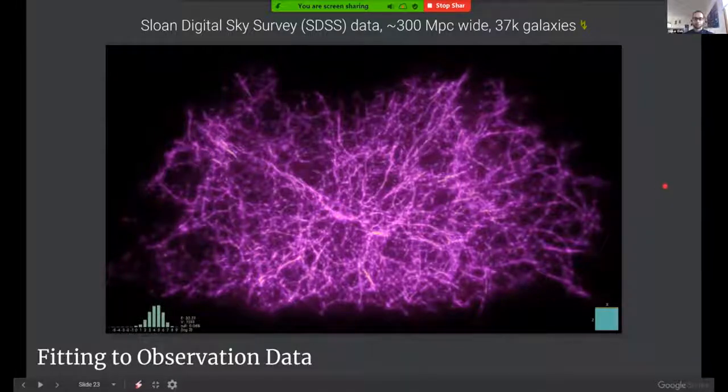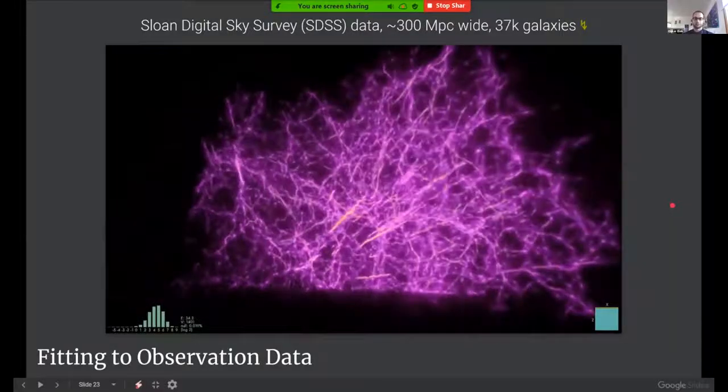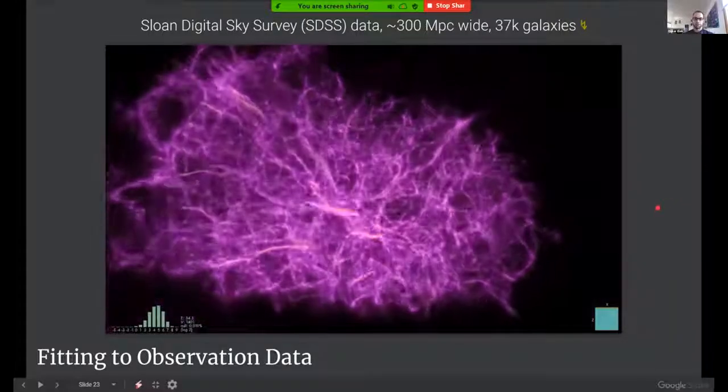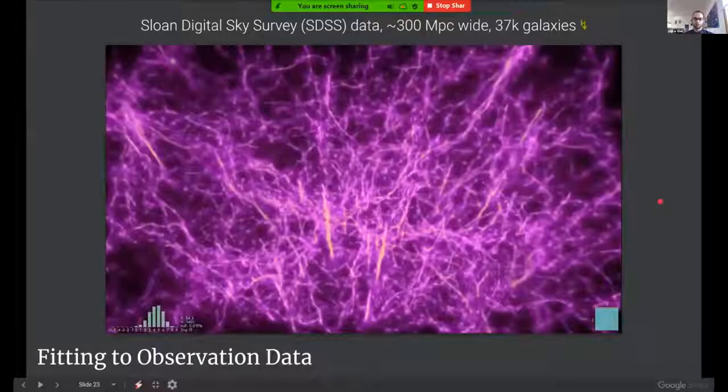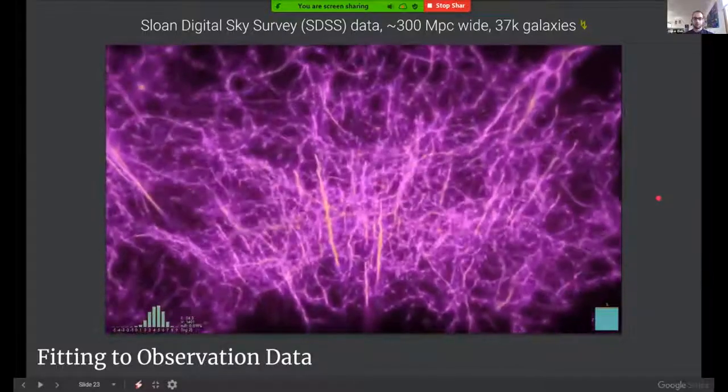What we're looking at now is a fitting session where we start with a uniform distribution of agents, and eventually this stabilizes in a very nice network structure that we measured to be very well aligned with the data.